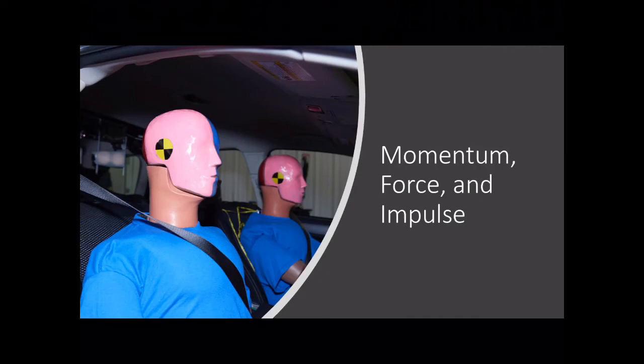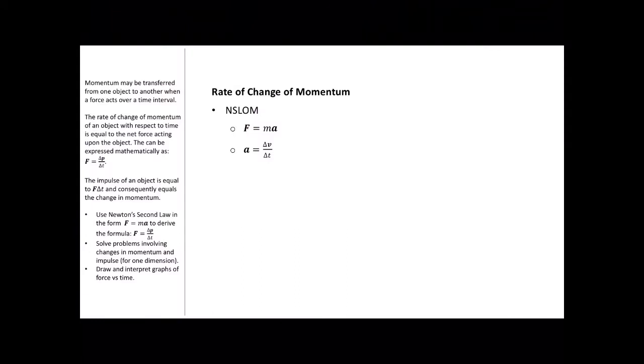Hello, in this video we're going to continue looking at momentum as well as force and impulse. So momentum may be transferred from one object to another when a force acts over a time interval. The rate of change of momentum of an object with respect to time is equal to the net force acting upon the object.